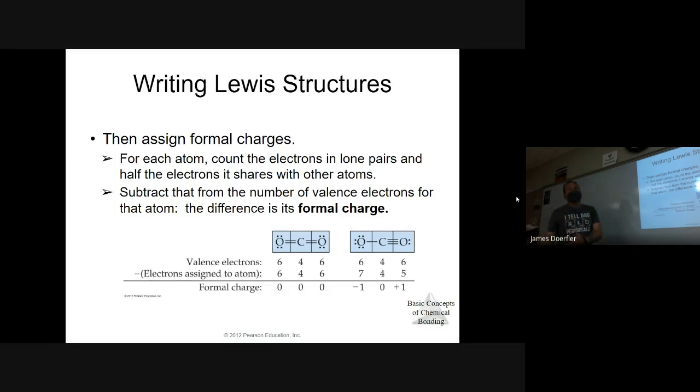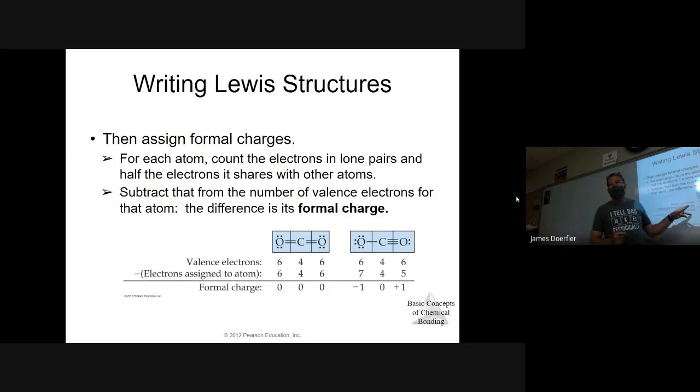Now, just to show you another example of how a Lewis structure could technically be designed, is this one on the right here, okay? You could have a single bond between one of the oxygens and carbon, and then a triple bond between the other oxygen and carbon, okay? But, again, that doesn't look right, but we won't know until we do the formal charge.